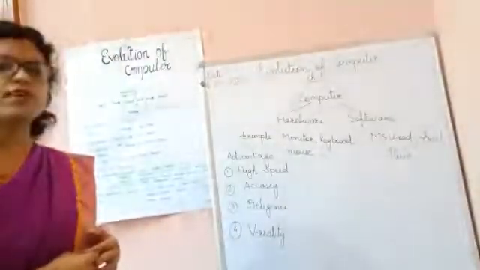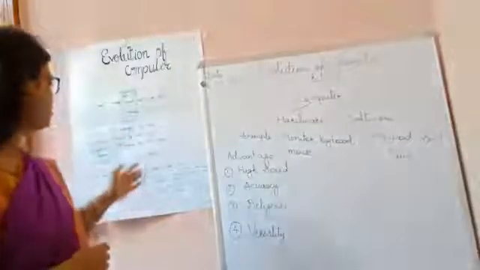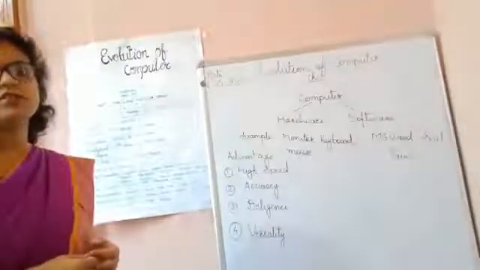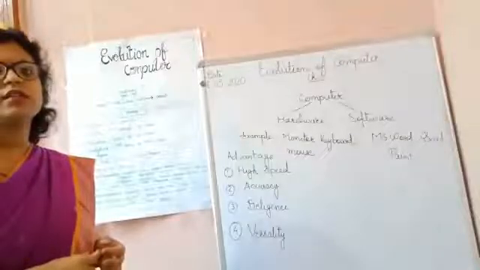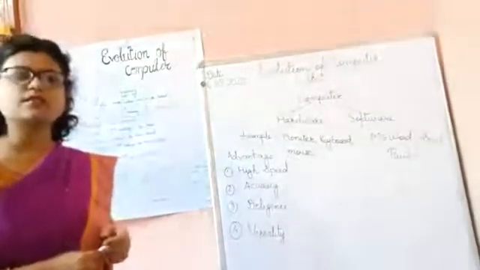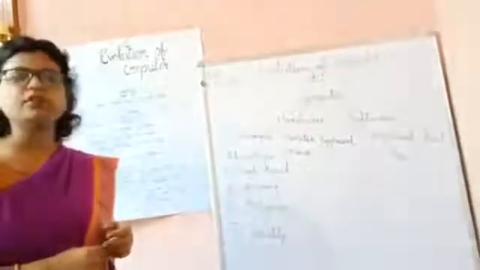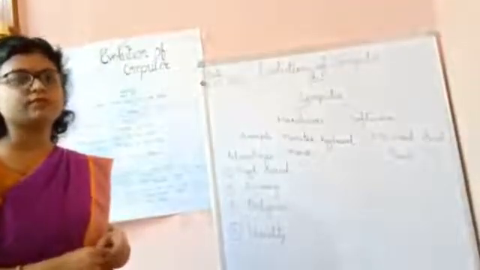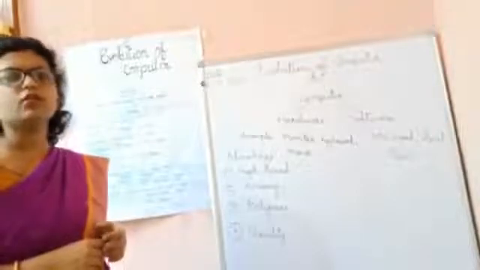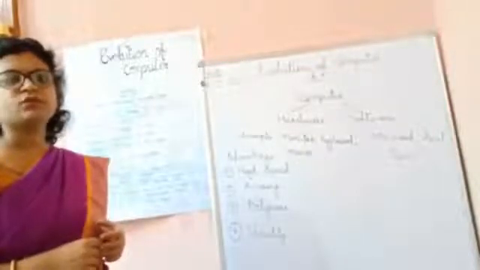The third generation of computer was used in 1960 to 1970. Now after the third generation of computer, the fourth generation of computer came. The fourth generation of computer is Pentium computer, notebook computer. Already we have heard about this, or maybe we already know it.